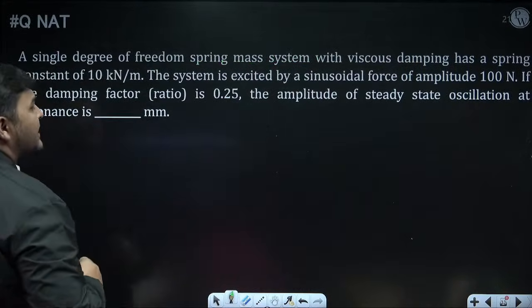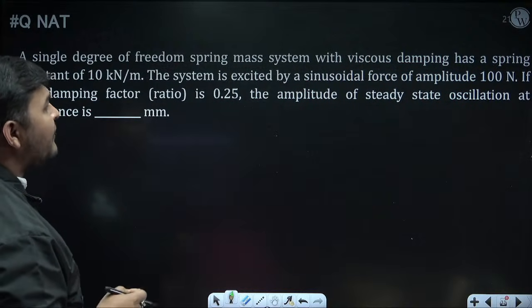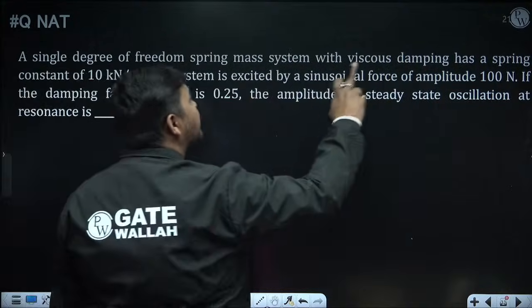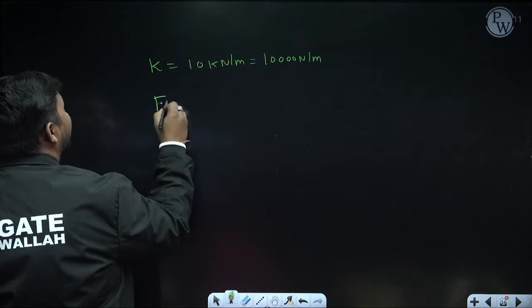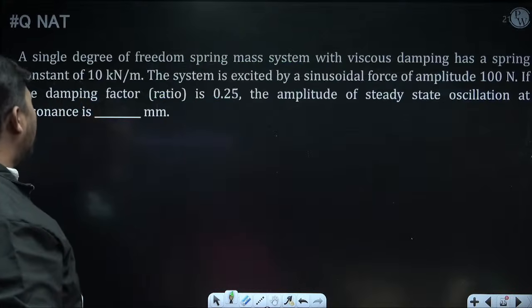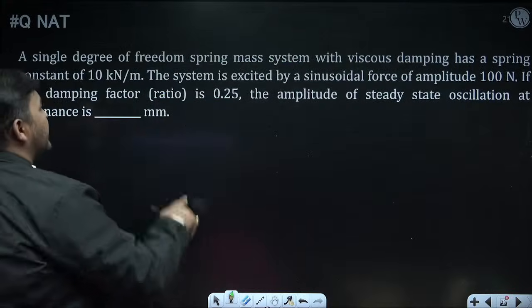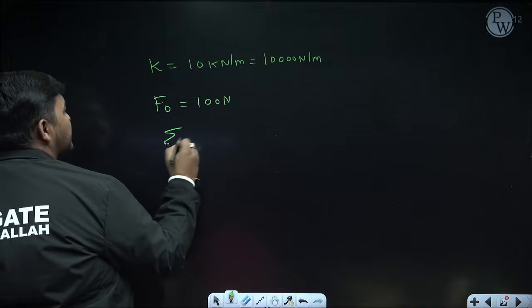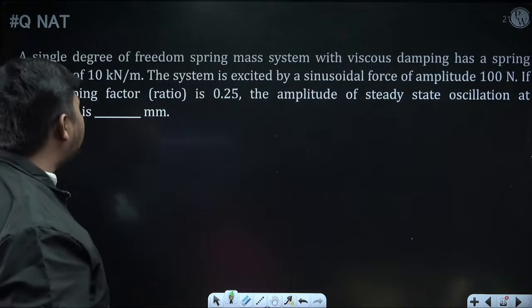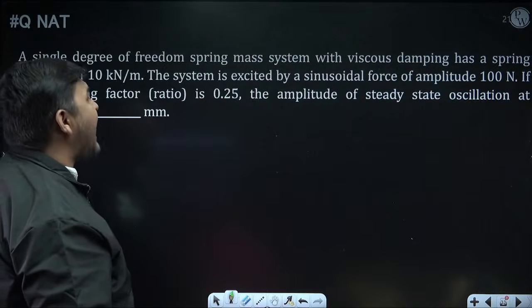The system is excited by a sinusoidal force of amplitude 100 newton. So a harmonic force is acting and the amplitude of that harmonic force is given, meaning F0 is given. It is 100 newton. Now if the damping factor or damping ratio is 0.25, so zeta is given directly, it is 0.25. The amplitude of steady state vibration at resonance.